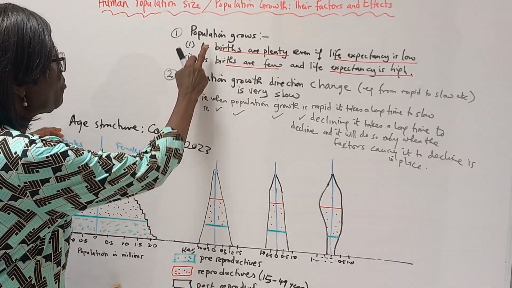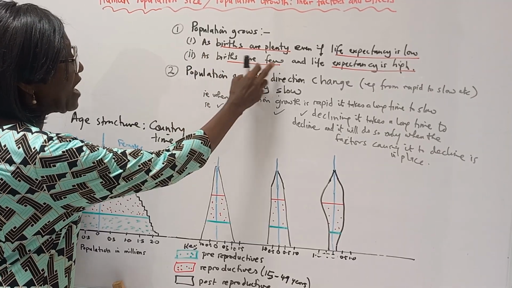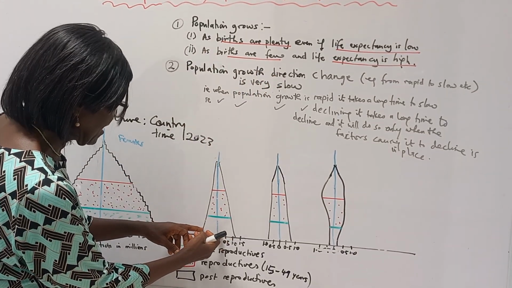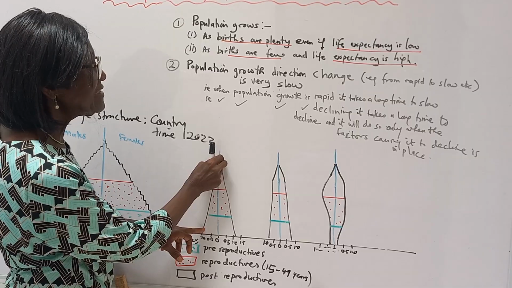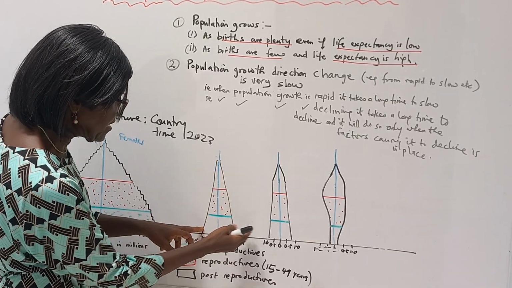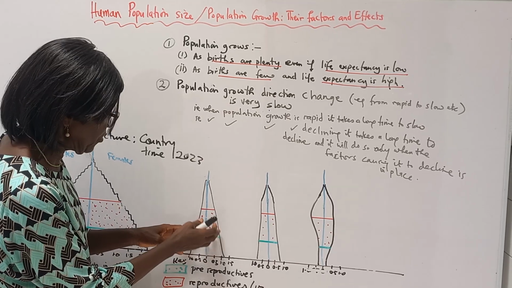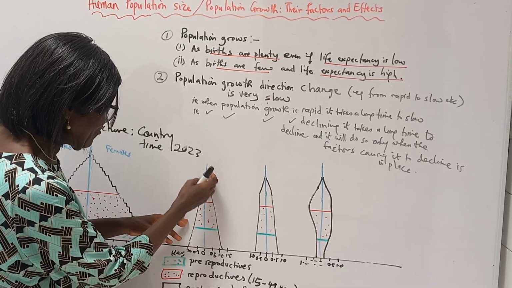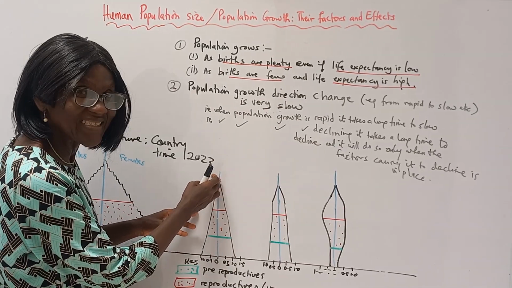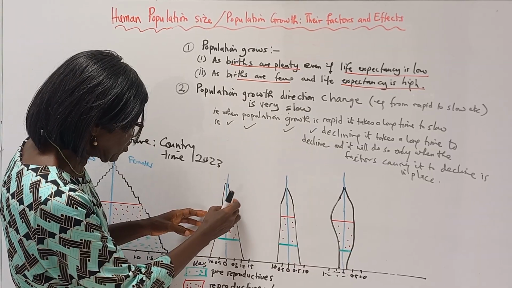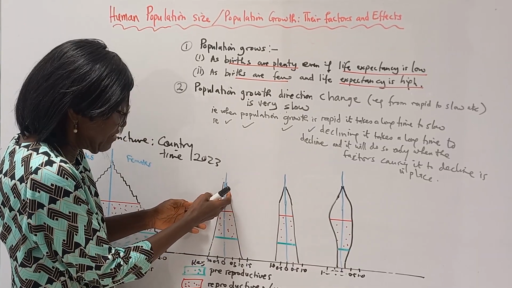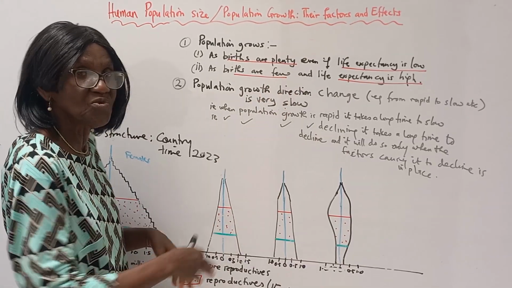And then two, population grows even as births are few. You have fewer births here. And if life expectancy is high, it means fewer births, fewer reproductives, fewer pre-reproductives. And yet, if the life expectancy is high, the post-reproductives will be plenty, they will be there. And so the population will grow.